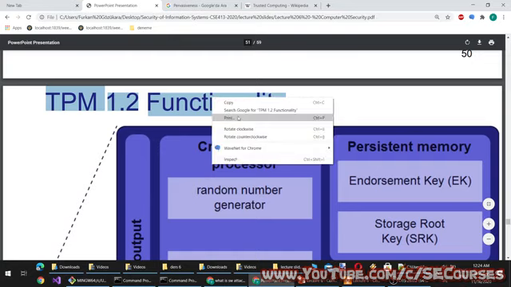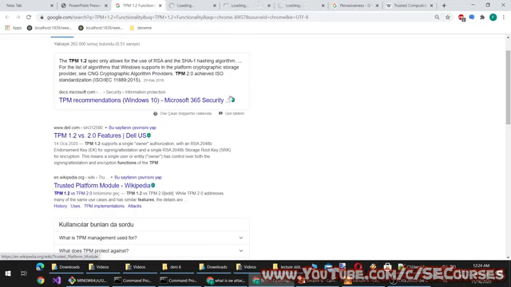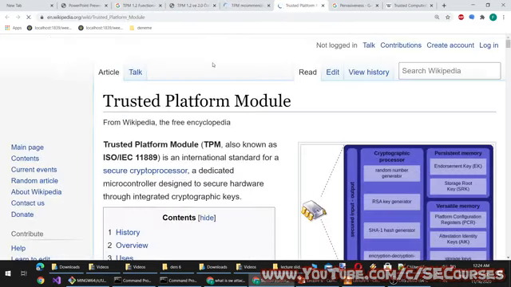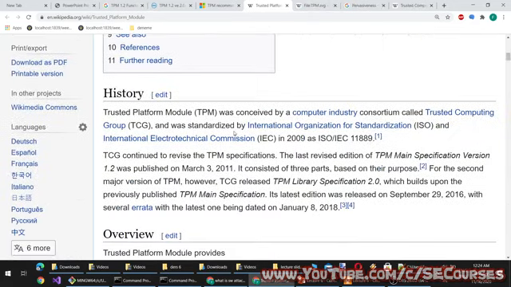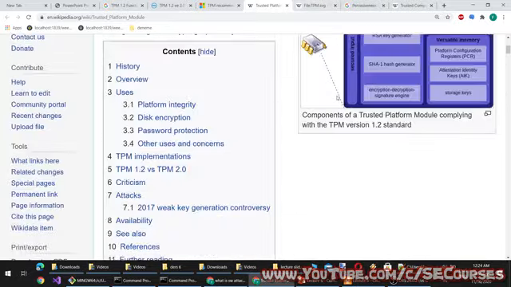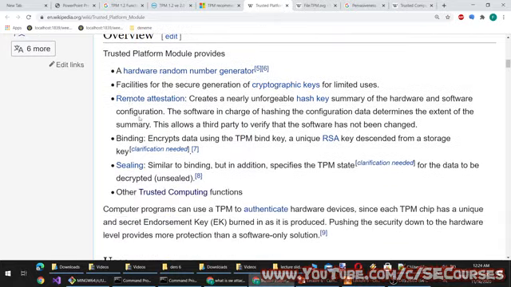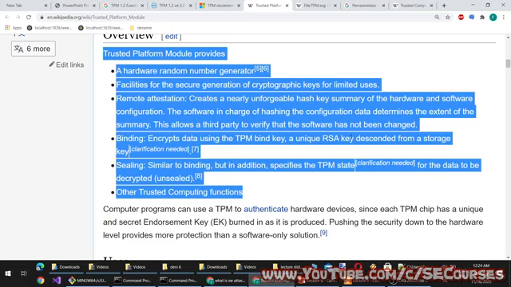So there is TPM functionality. I think it was on Wikipedia as well. Okay, here. So what functionality does it have? Trusted Platform Module provides a hardware random number generator and facilities for the secure generation of cryptographic keys for limited uses.